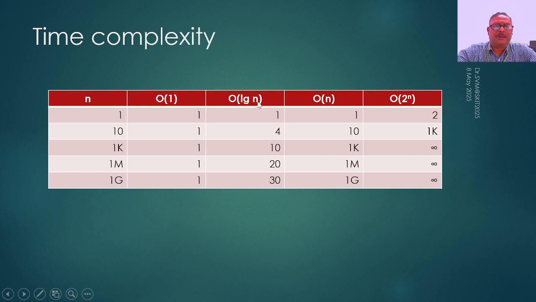Now, for an algorithm that needs logarithmic time, for 1, it takes 1 unit of time, for 10, it may use 4 units of time, for 1,000, it takes 10 units of time, for 1 million, it takes 20, for 1 giga, it takes 30, and so on. That means as the input size gets multiplied by 1,000, the logarithmic scale gets added by 10. So multiplying n by 1,000 just adds 10 to the log n.